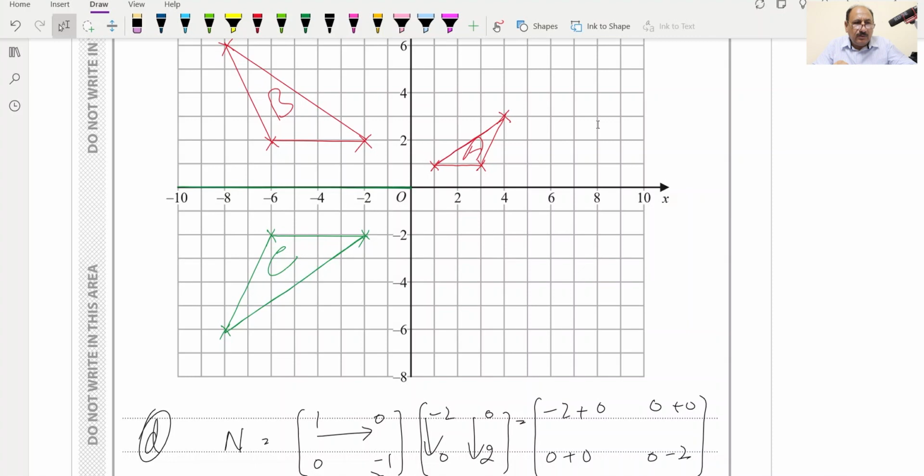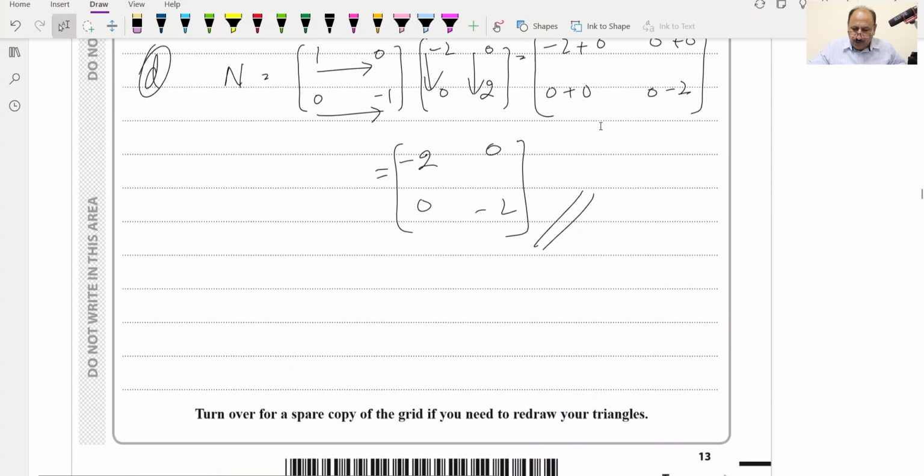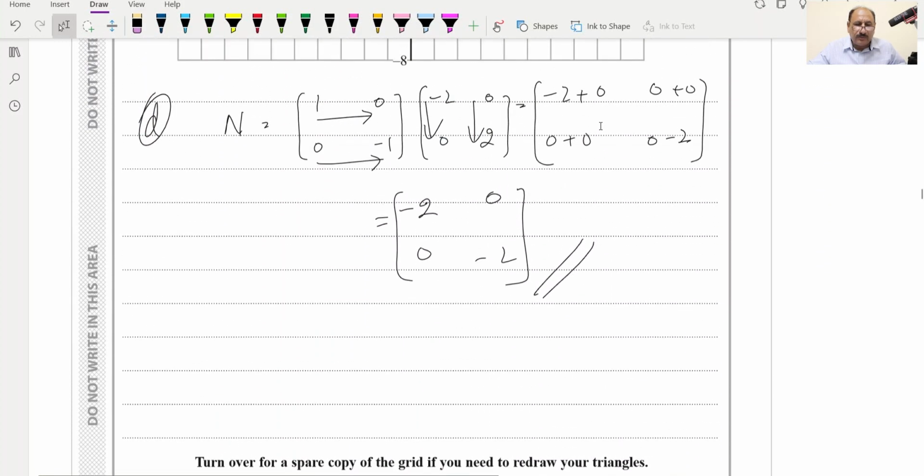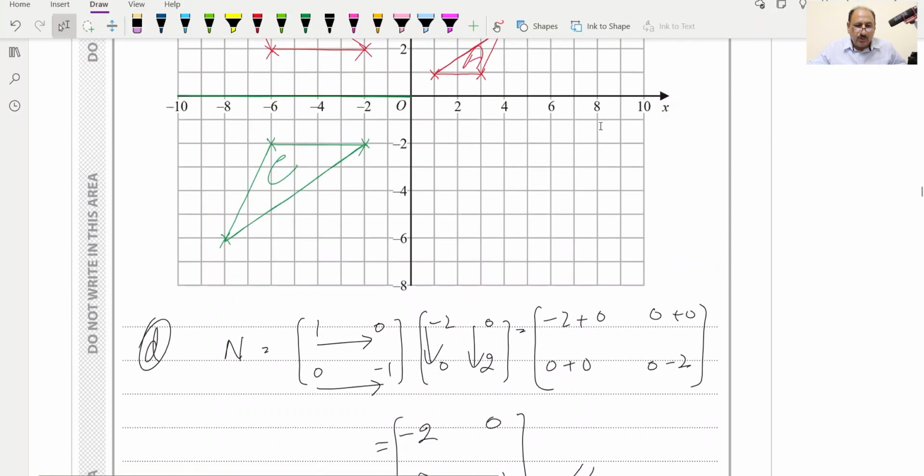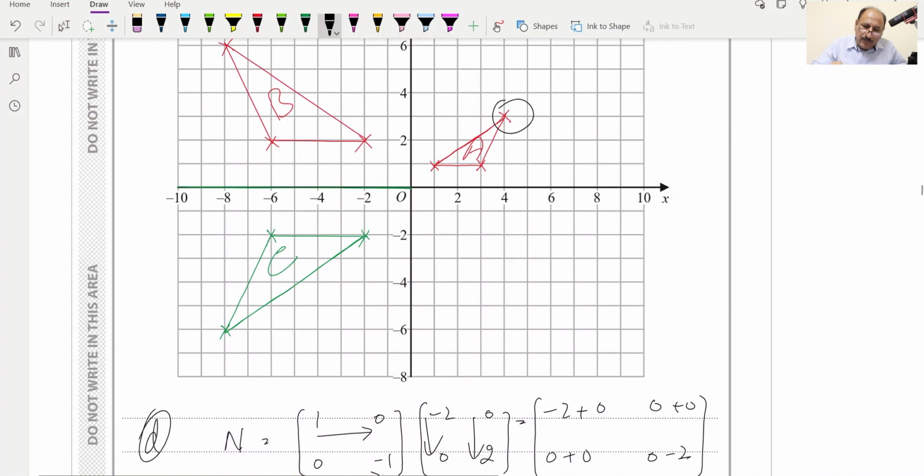So in this part they are saying triangle A is transformed to triangle C. So for this matrix, for example, if we take this point 1 1, it is switching to -2 -2. So if we multiply 1 1 by this matrix, we will get -2 -2.